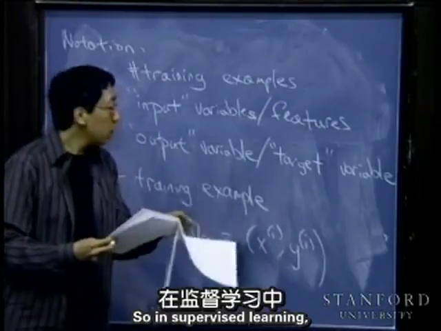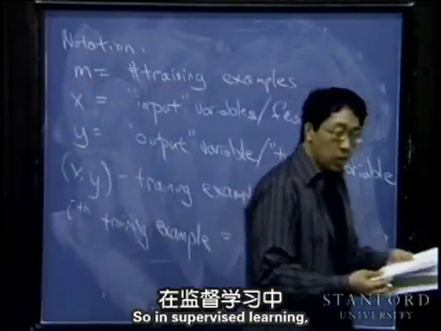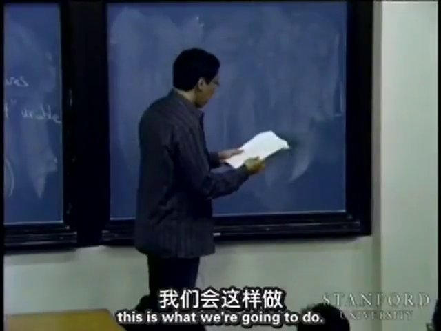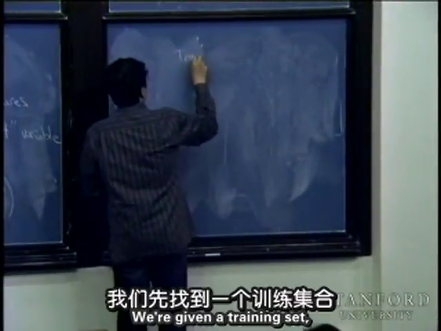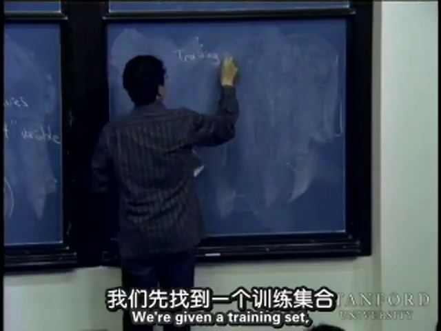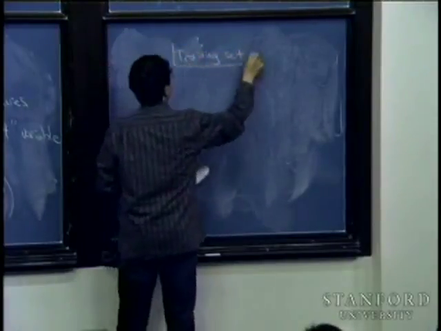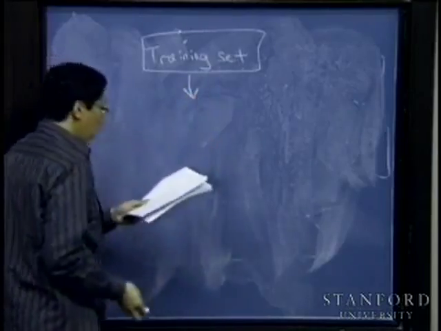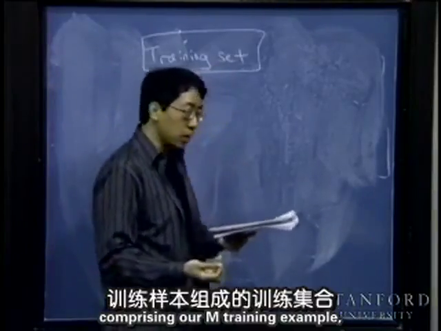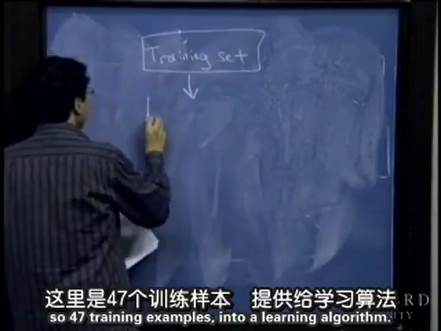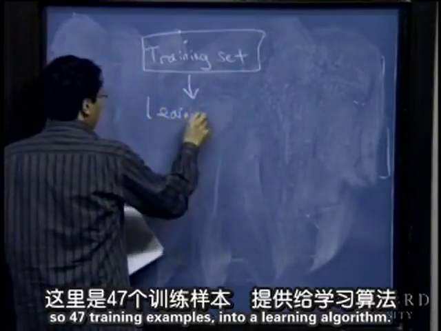So in supervised learning, this is what we're going to do. We're given a training set, and we're going to feed our training set comprising our M training examples, 47 training examples, into a learning algorithm.